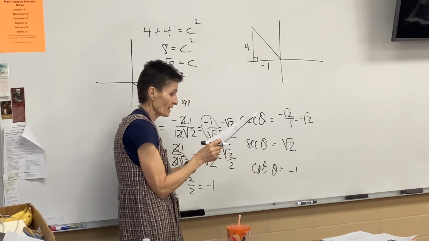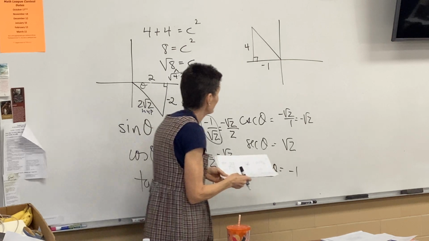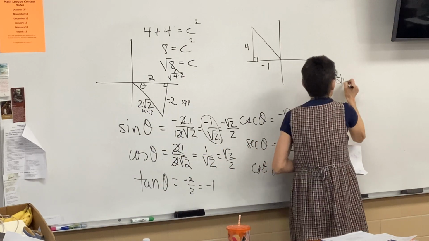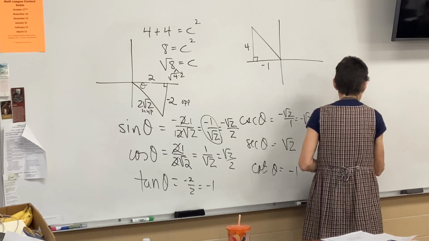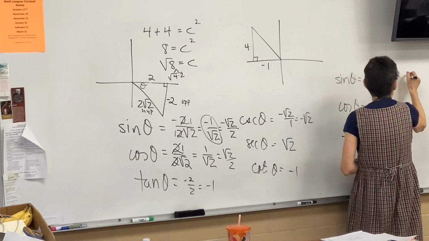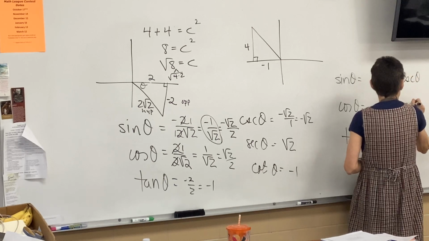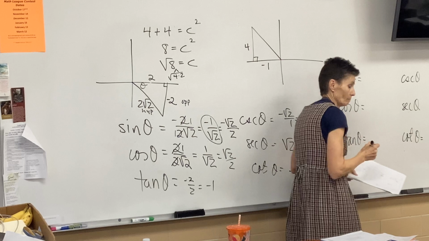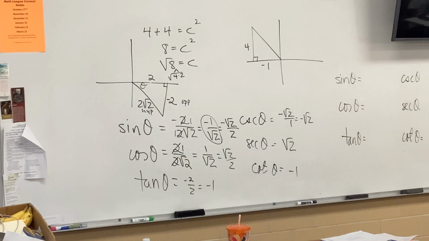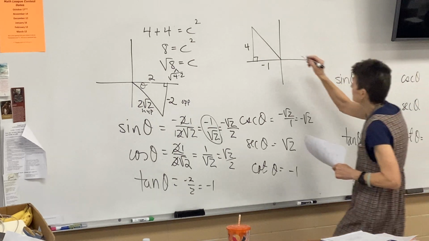Now let's do the Pythagorean theorem and get our hypotenuse. Anybody get it? What's your hypotenuse? 17. Yeah, this one's easier. It doesn't break down. Just going to be the square root of 17.